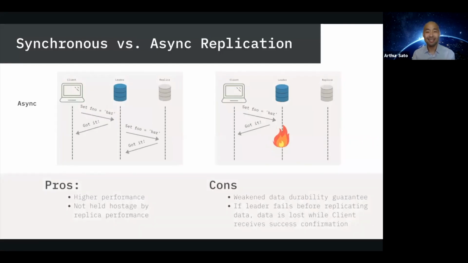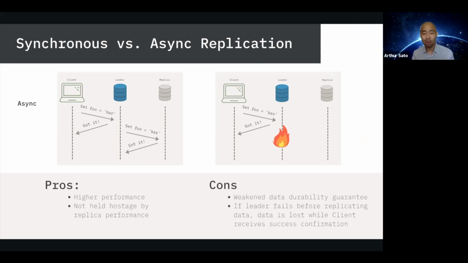Alternatively, we can use an async replication approach where the client writes to the leader and immediately gets back a success response, and then later the leader would replicate the data to the replica. We've boosted our performance, and we're no longer at the will of the performance of the replica.